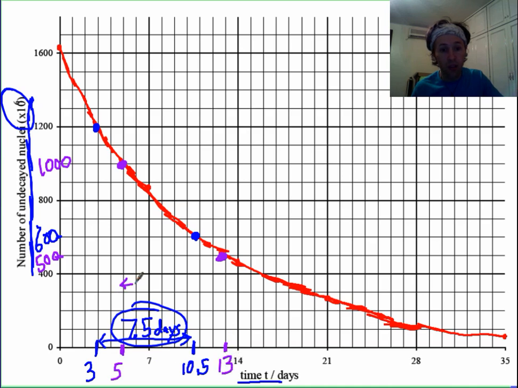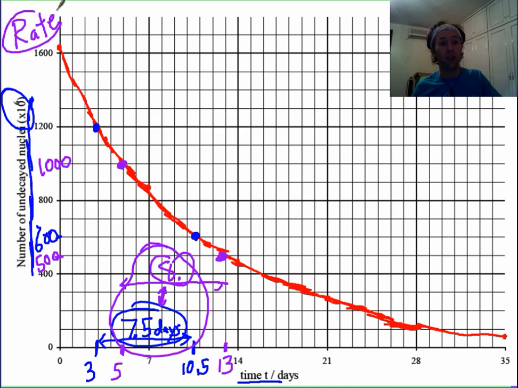And that difference is going to be 8. Now that's not exactly the same, but it's close because you're just reading a graph, and so it's just an estimate. Now this could be the number of undecayed nuclei, or it could be the decay rate, or it could be what's known as the activity on this axis. Either way, you would do the problem the exact same way.